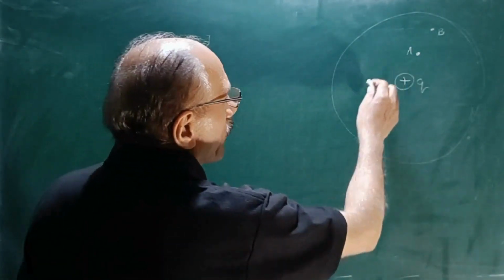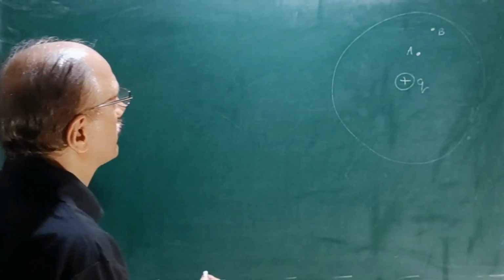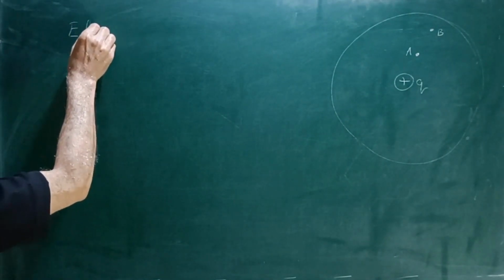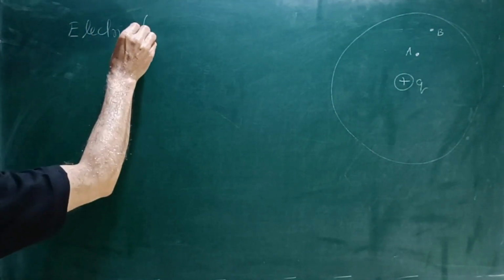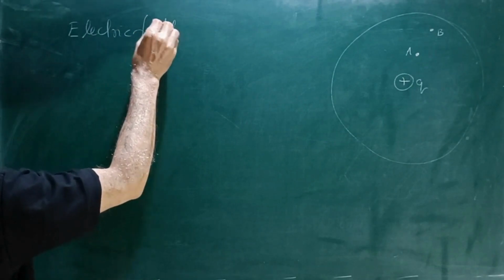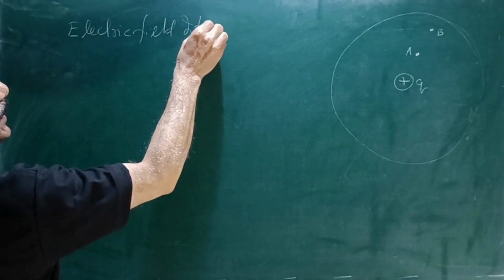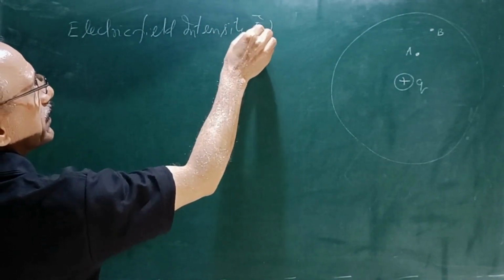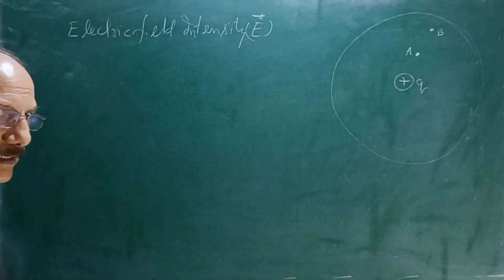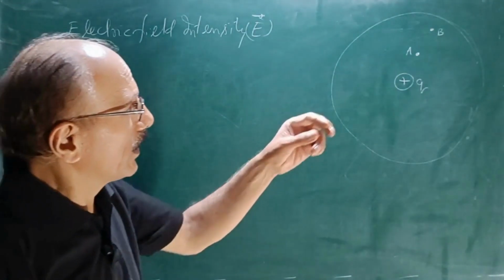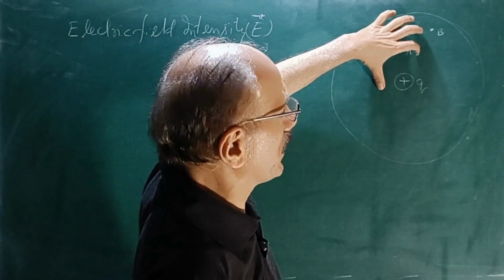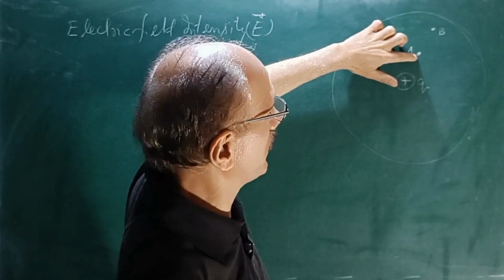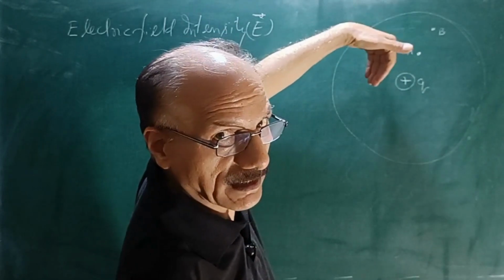So then we can define electric field intensity E. It's a vector quantity as force. If we bring a charge over here, then it will apply a certain force of interaction, maybe attractive, maybe repulsive.